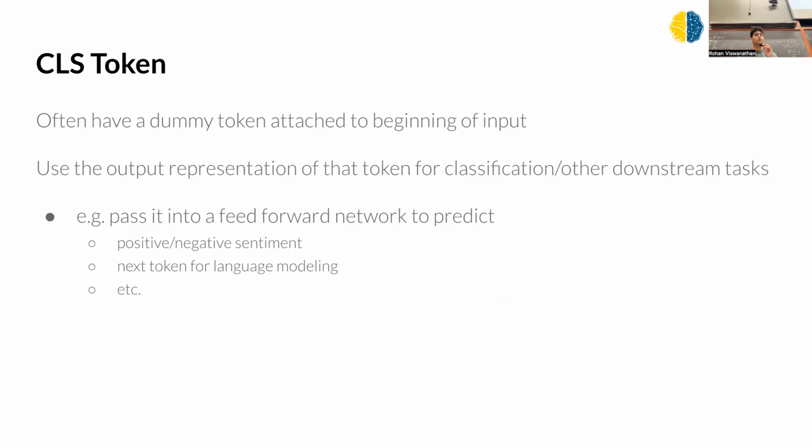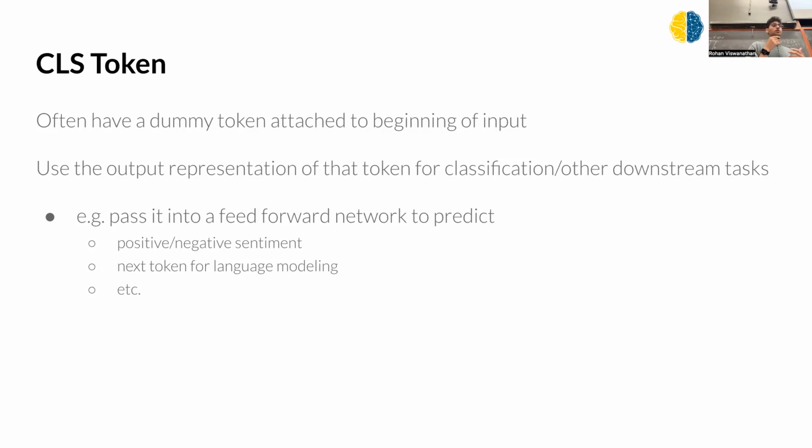A CLS token is a way to do this, right? We can have a dummy token attached to the beginning of each input and use the output representation of that token for classification. This input, you can think of it as tagging along during this process. This is a classification token. That's what the CLS token stands for, and it's used in models like BERT, for example. We're inserting a unique token at the beginning of our model to signal where the start of a sentence or the start of an input is.